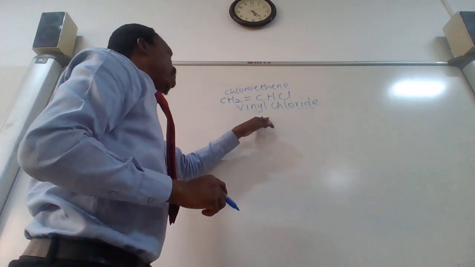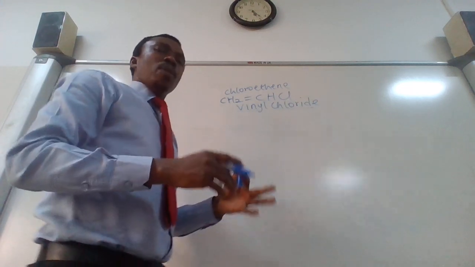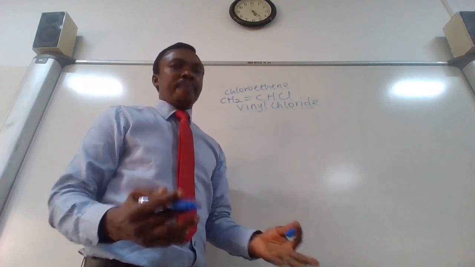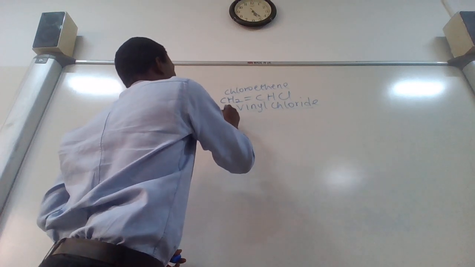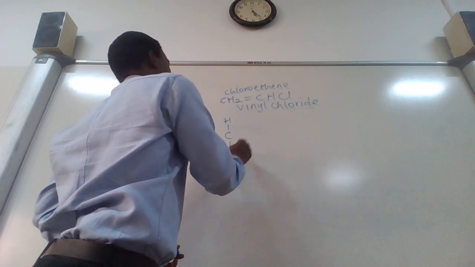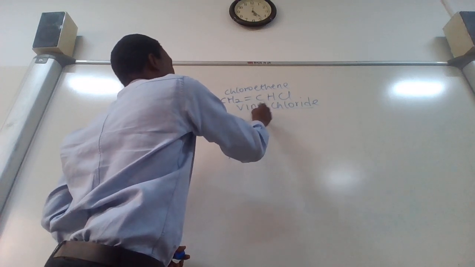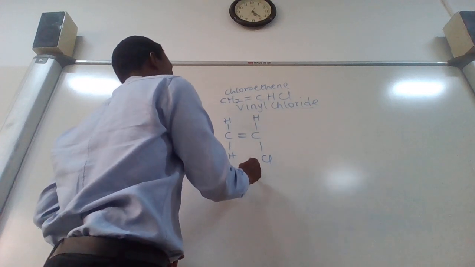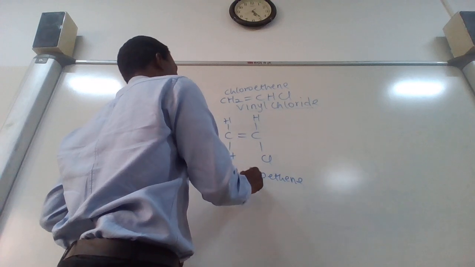If it undergoes polymerization, it will produce polychloroethene, which is polyvinyl chloride, otherwise known as PVC, which is plastic. Now, this is the monomer, chloroethene. Monomer.